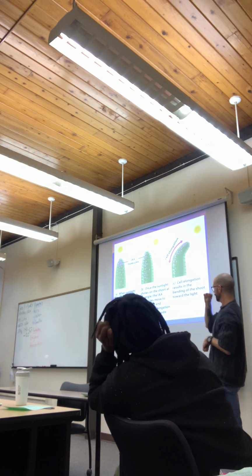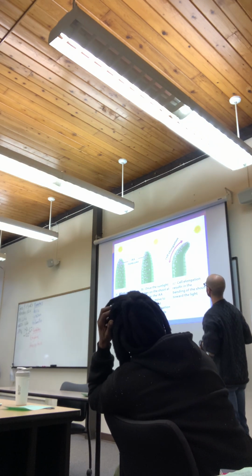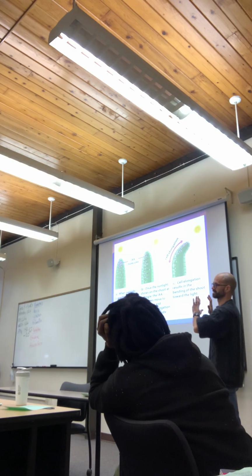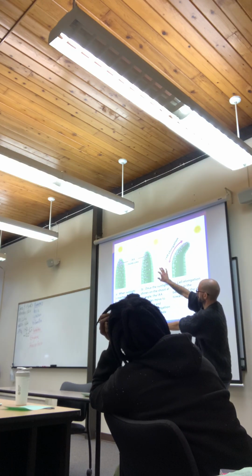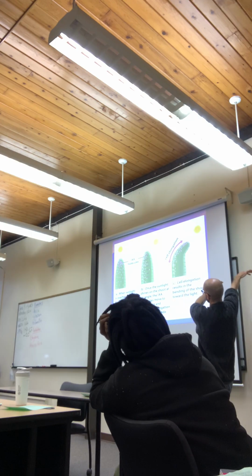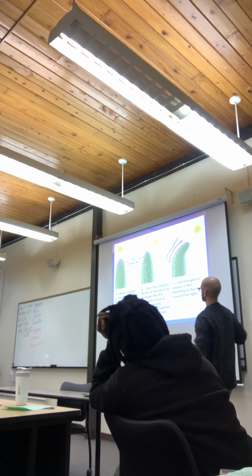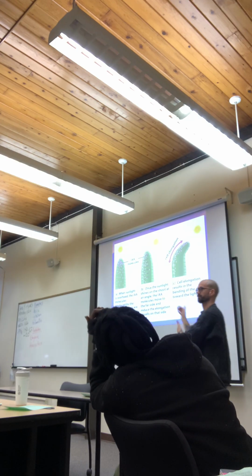So it's an effect of auxin escaping the light and then growing on the other side that makes it head toward the light source. And of course, that's happening throughout the day.